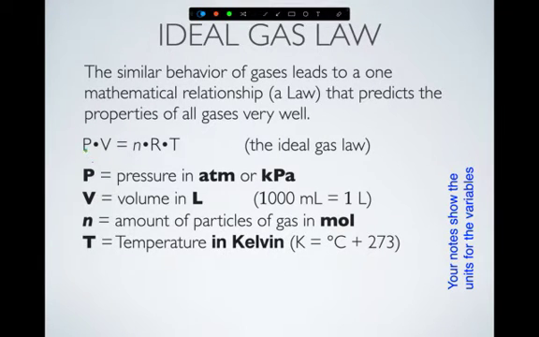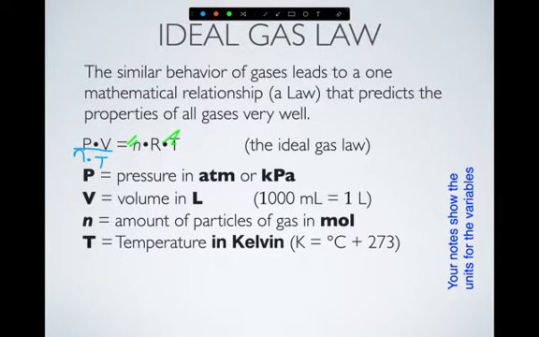If you take this PV equation and you move the N to the other side, and you move the T to the other side, so we're going to get rid of them over on this side.